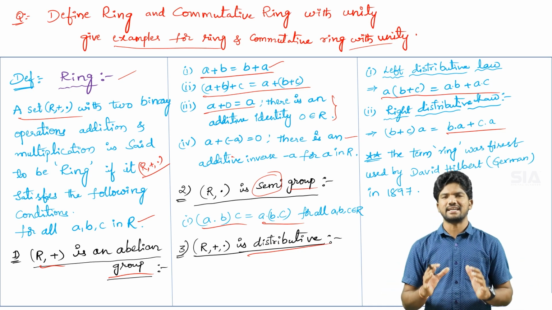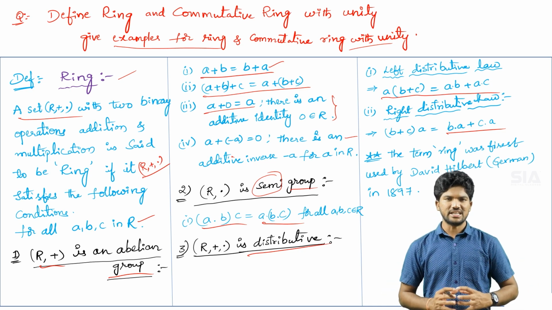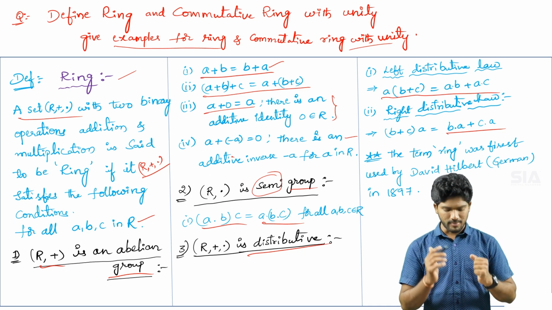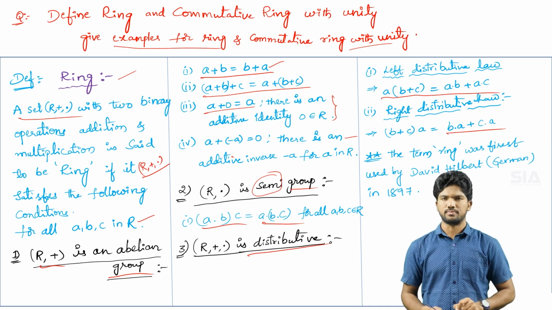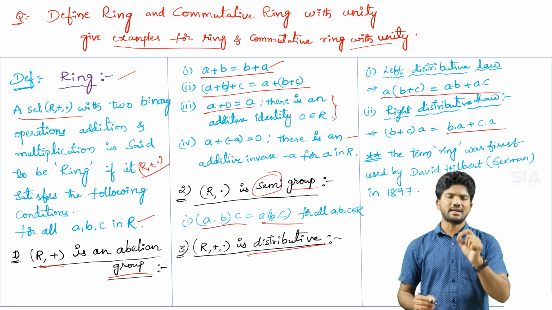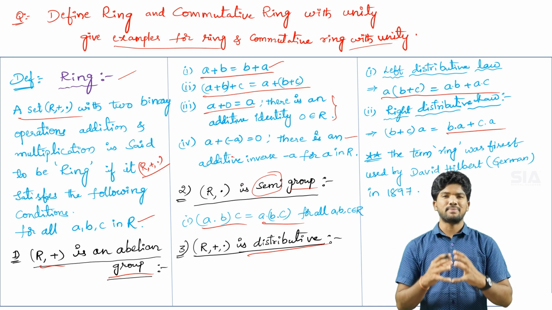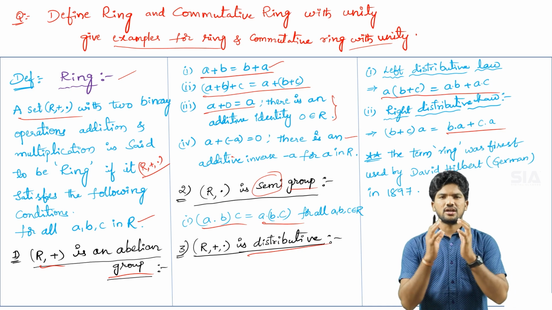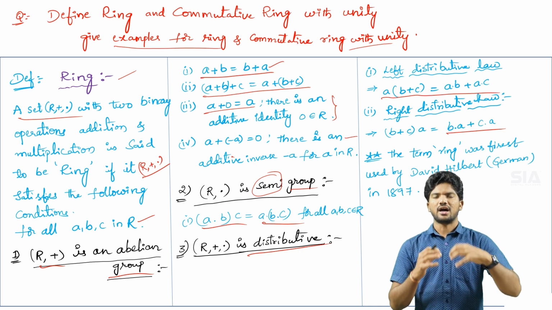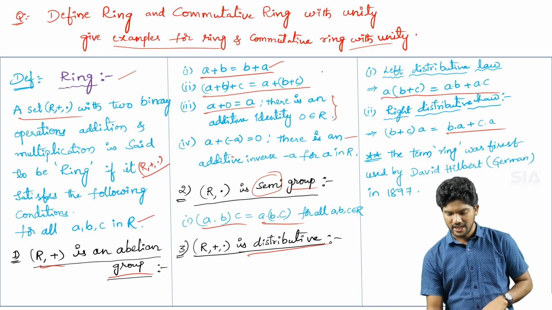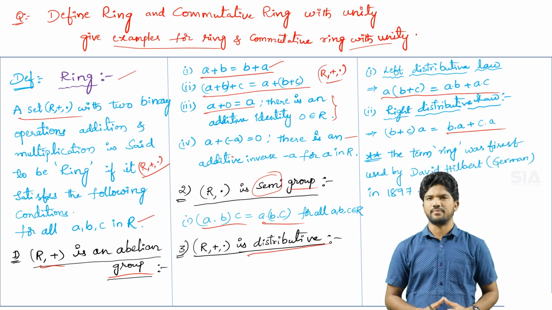Whenever a set capital R satisfies these three conditions, that (R, +) is an abelian group, (R, dot) is a semigroup, and (R, +, dot) is distributive under addition and multiplication, then the pair (R, +, dot) is called a ring.